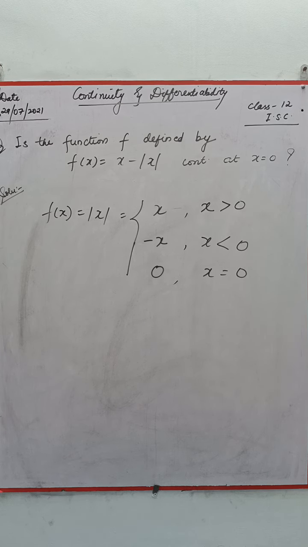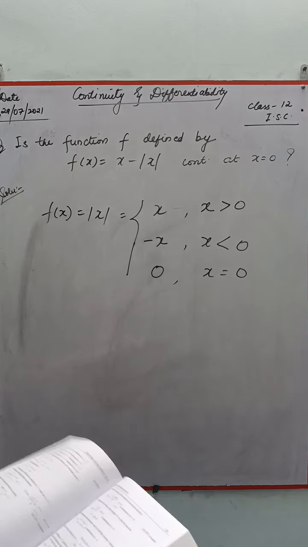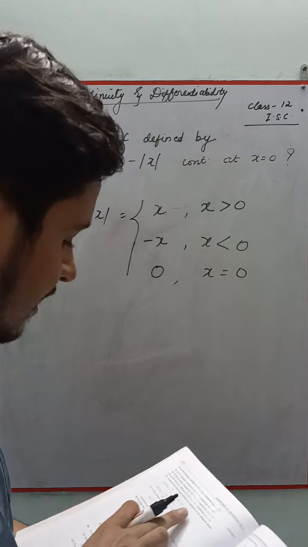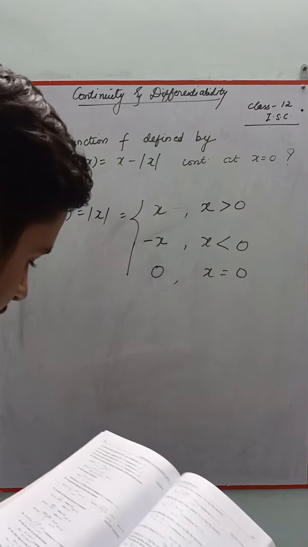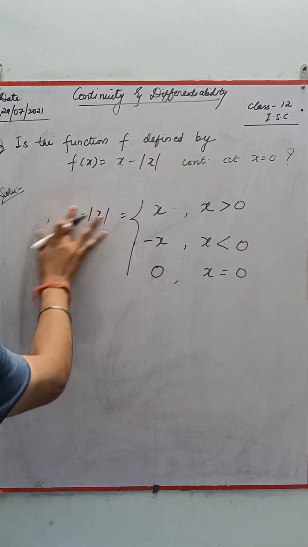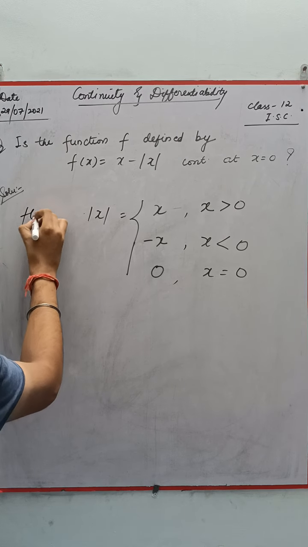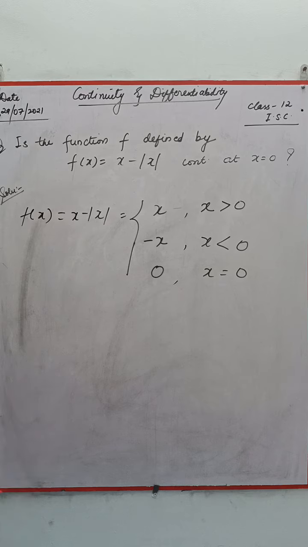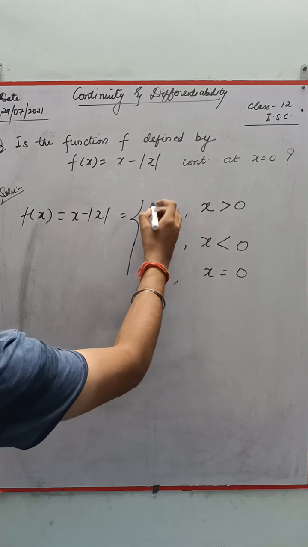Okay, so you have a question also here. Let me show you. Yes, x minus modulus of x at x is equal to 0, the same question. So now what will happen here? Your f(x) is now x minus modulus of x.